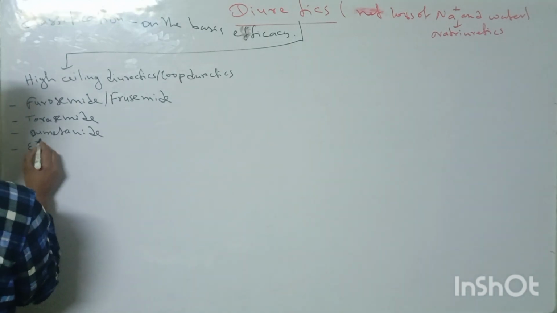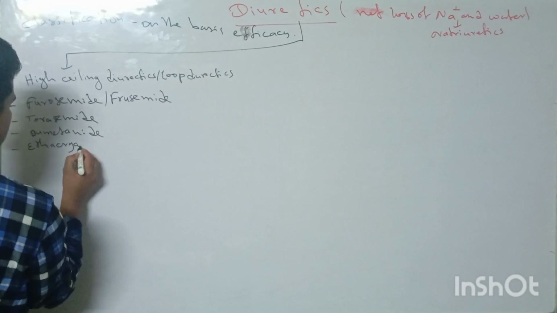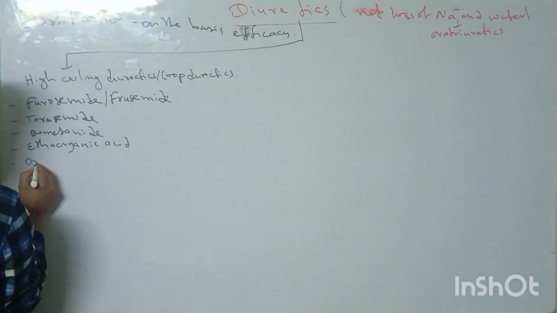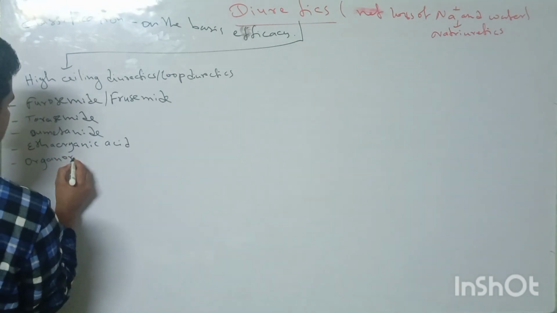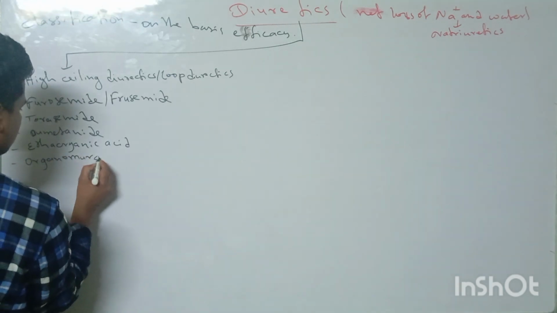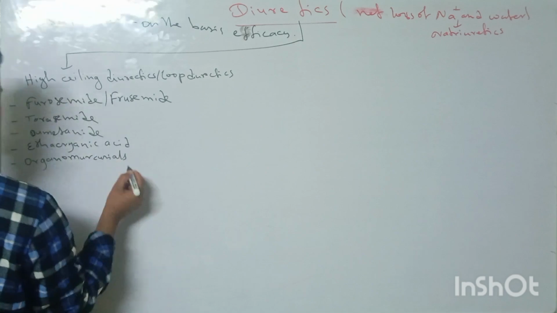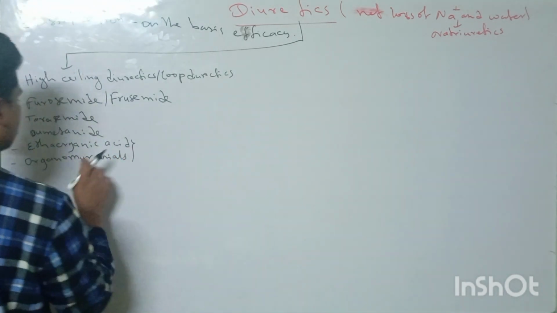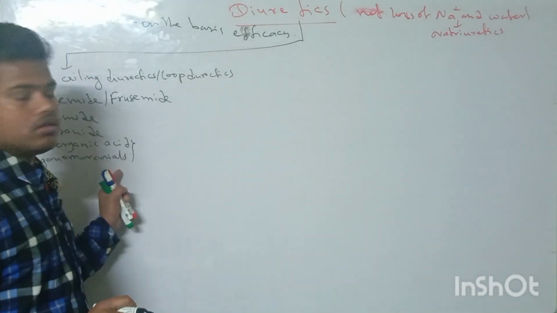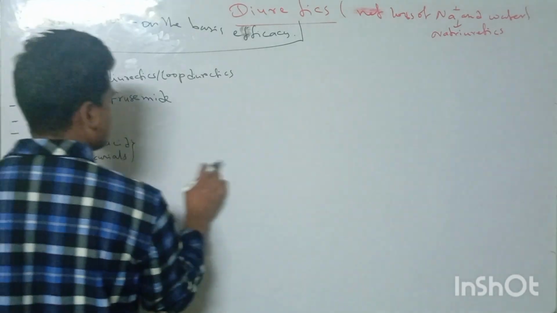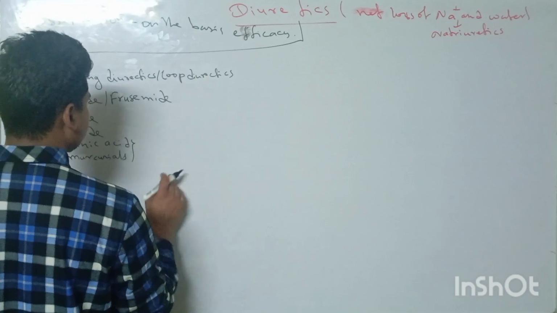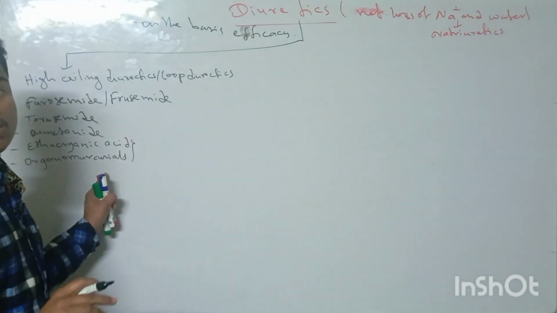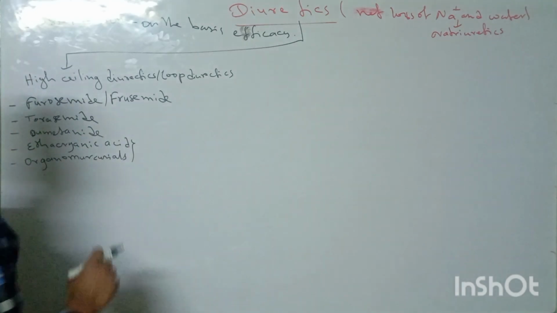Then there will be ethacrynic acid and organomercurials. Remember these two drugs are of only historical value, not used currently. At the beginning these drugs were first identified, and at that time these were used.